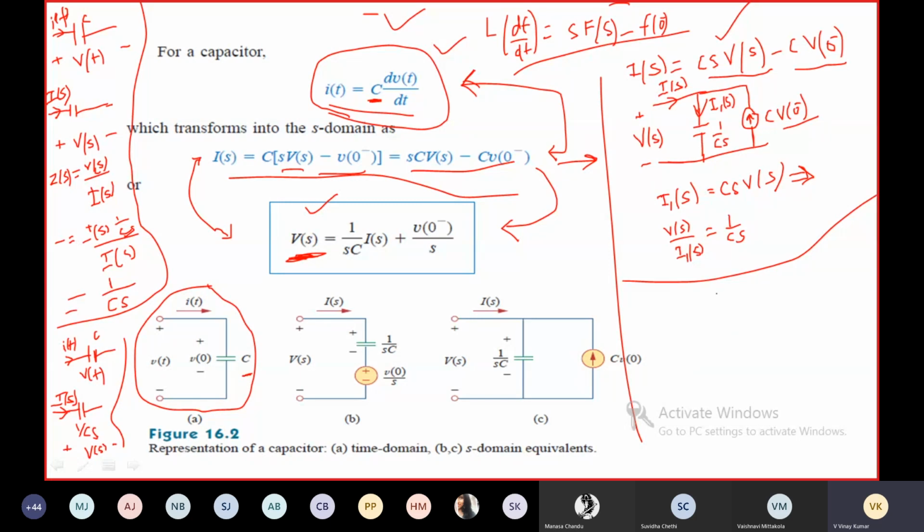Based on the voltage equation, what is the voltage equation?